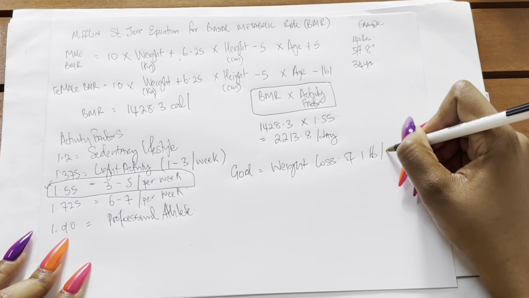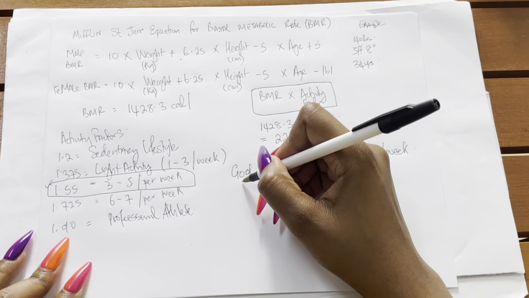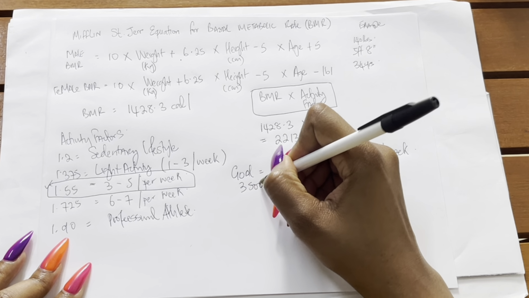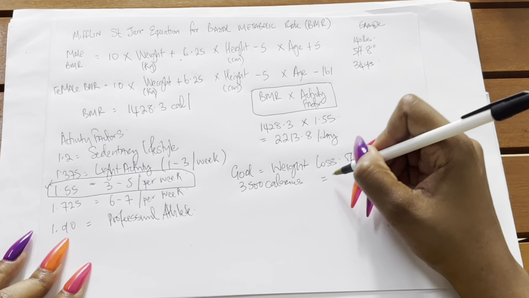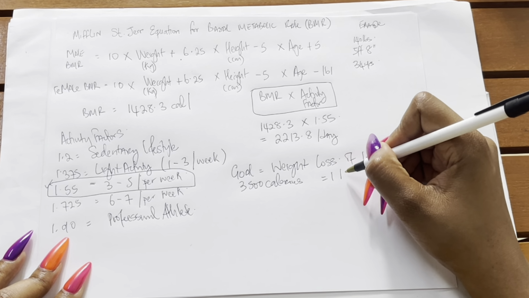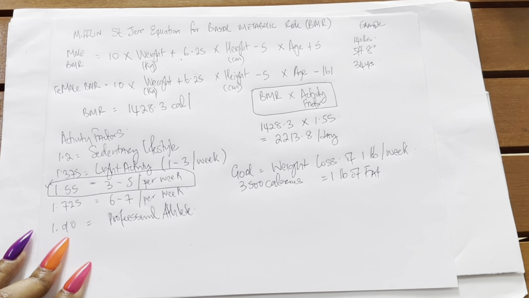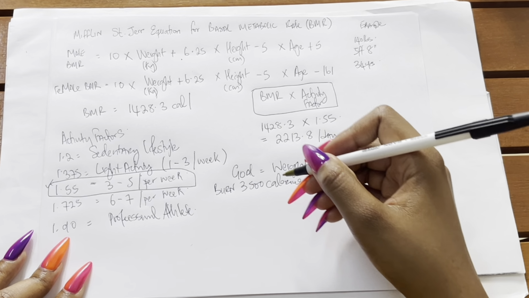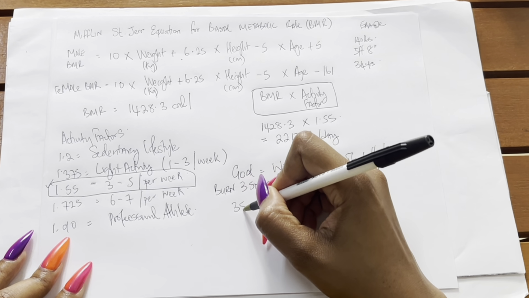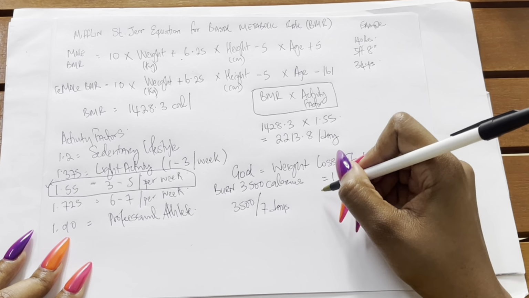It is said that you have to burn 3,500 calories in order to lose 1 pound. So if I want to lose 1 pound, then I have to burn 3,500 calories per week. Let's break that down. We're going to divide 3,500 by 7. You have 7 days for the week, and that will give you 500 calories per day.